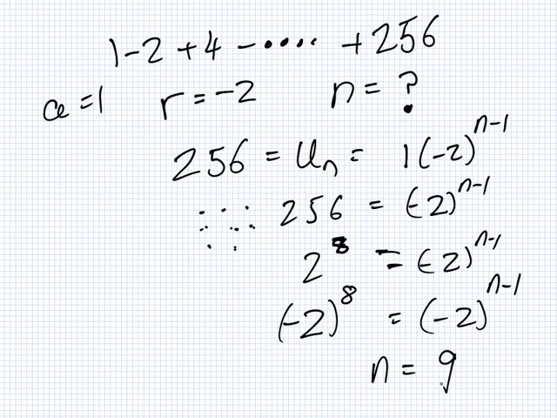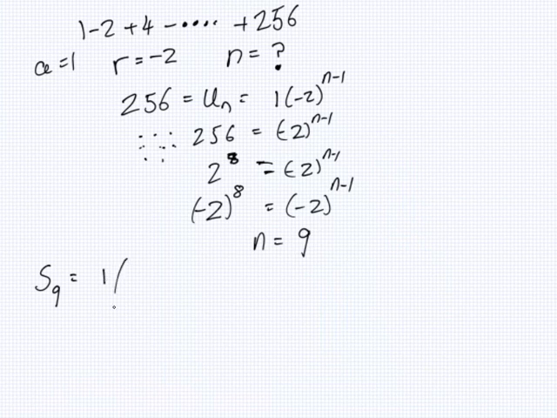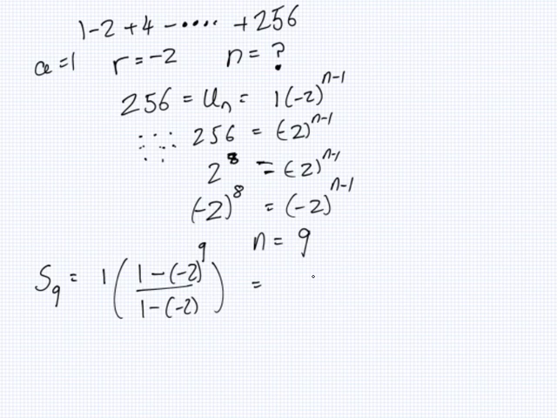So now I can use my formula. S9 equals a(1 minus r to the power n) over 1 minus r. Let me see, that will be 512 over 3.